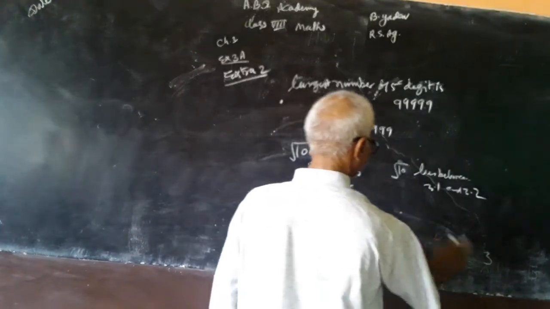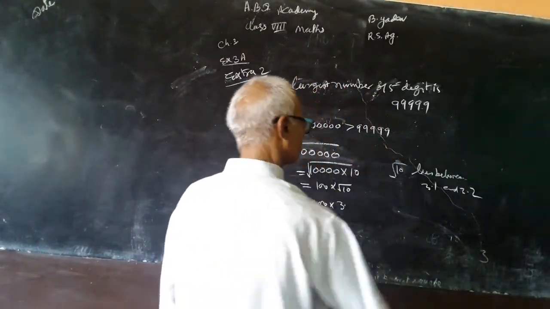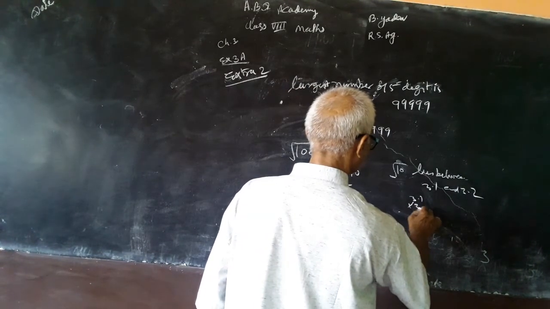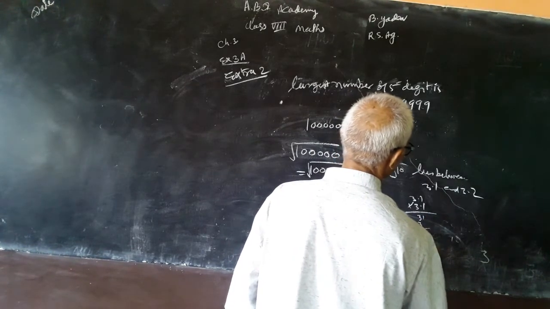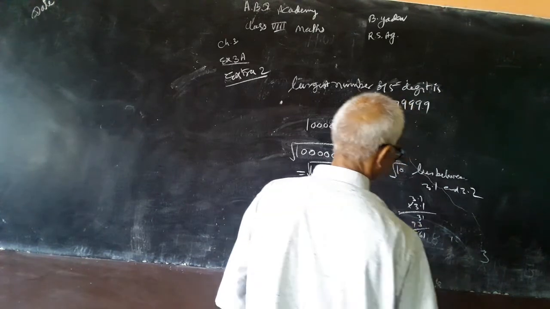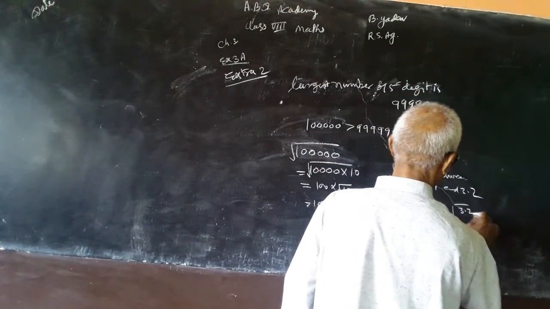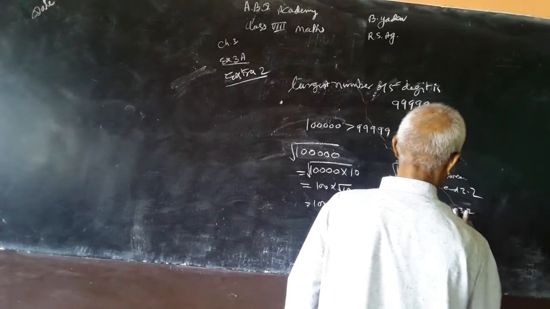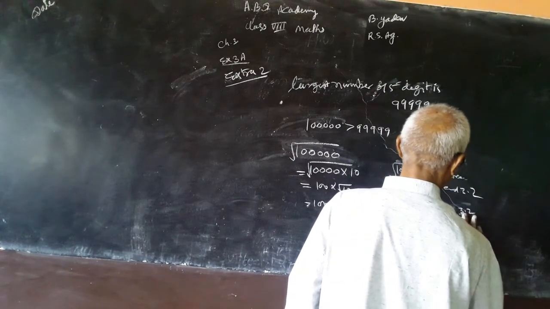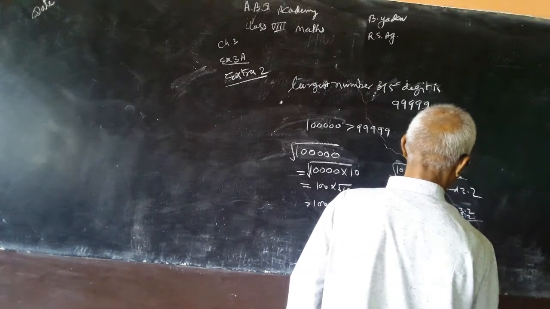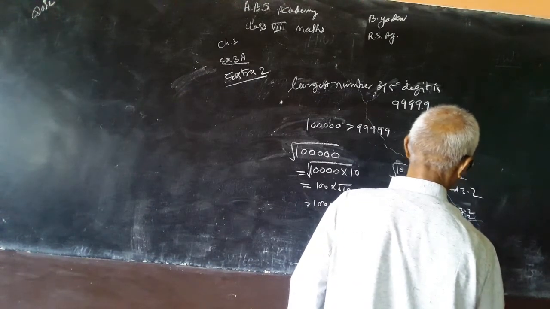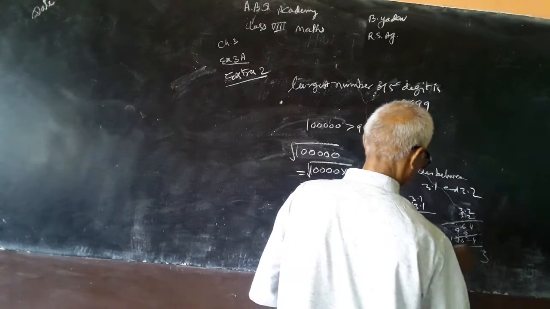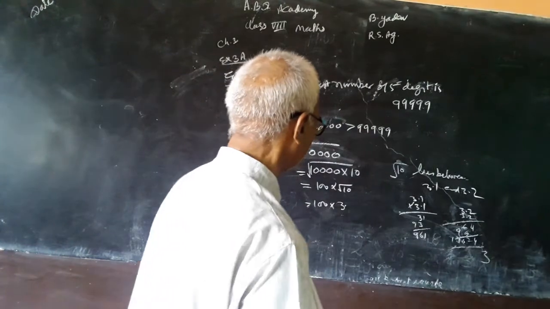You can see here 3.1 into 3.1 is 9.61. 3.2 into 3.2 is 10.24. So it becomes slightly greater than that.